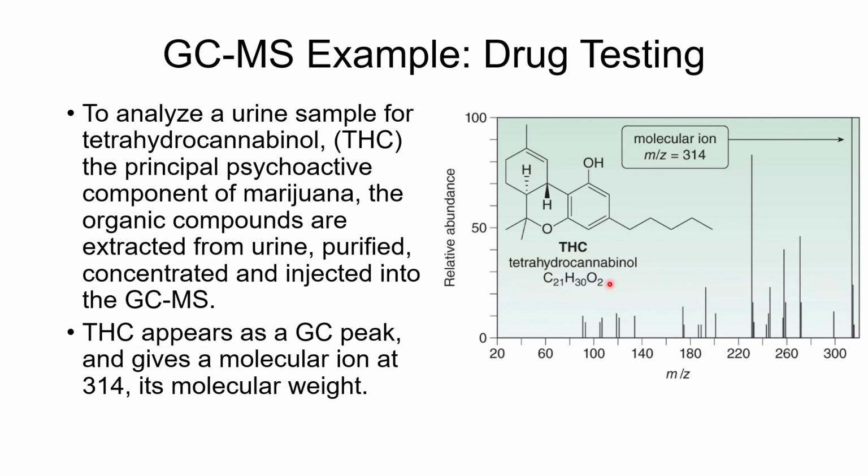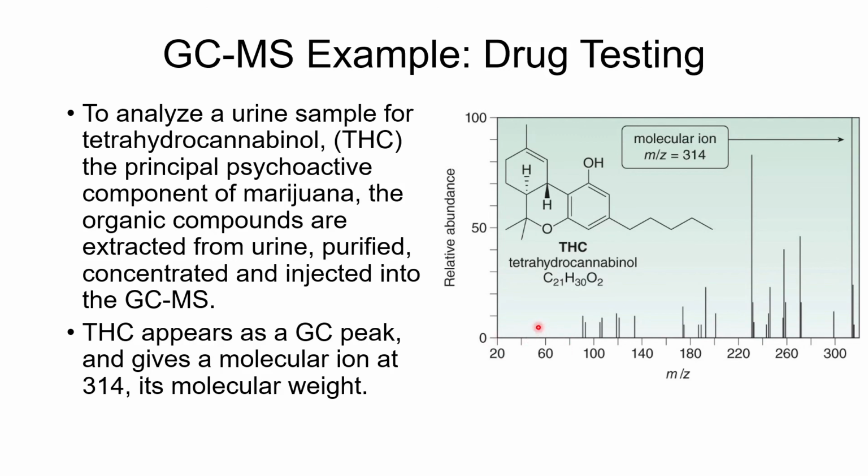Now, this alone may not be enough to prove that somebody was doping, but they use similar techniques to this to determine if people are using these kinds of drugs. And of course, like with the Olympics, they look for other kinds of things having to do with steroids and other performance enhancing things.